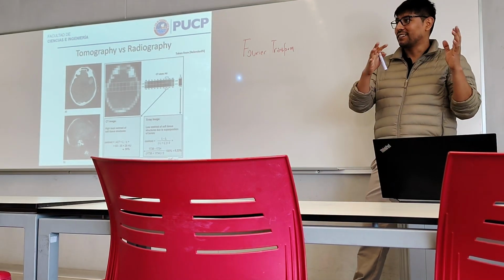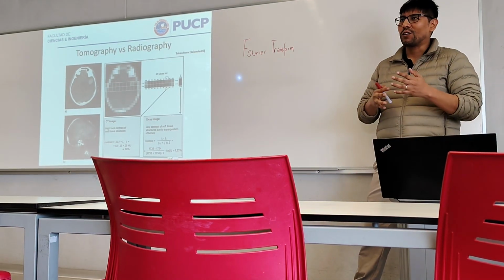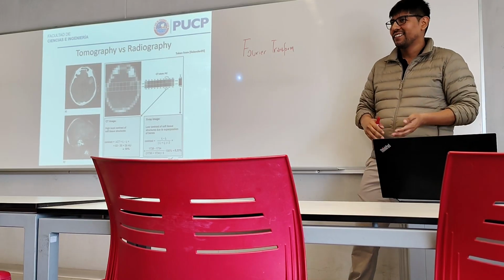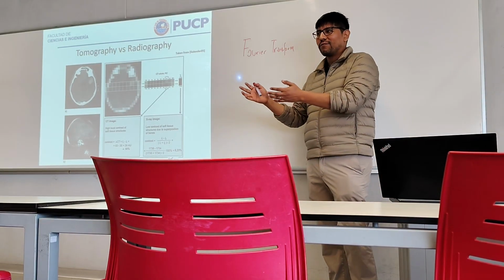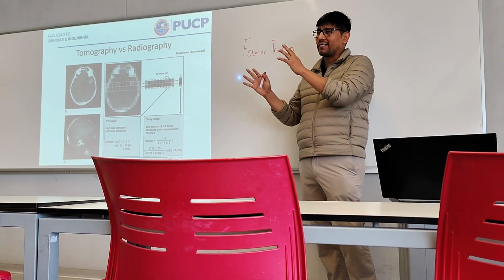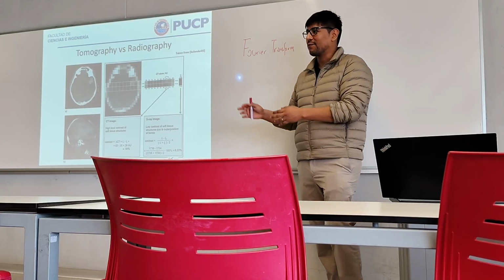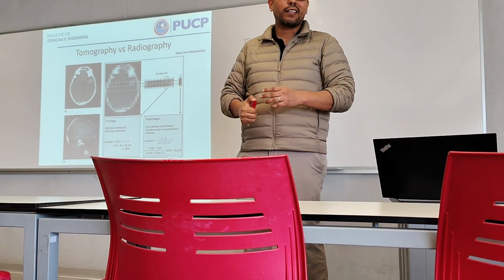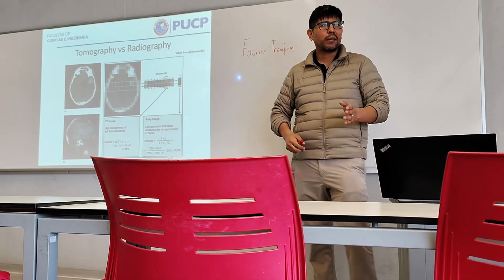It's like sending a function that has some content in the time domain to a form that is in the complex frequency domain. It's basically moving from the time domain to the frequency domain.